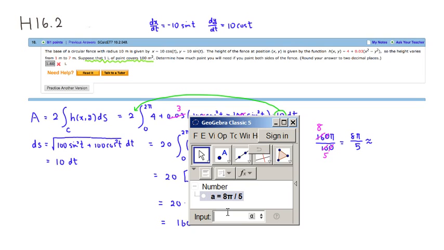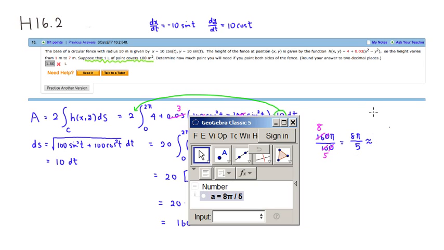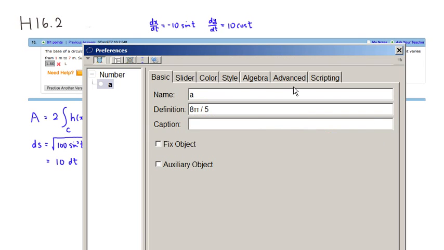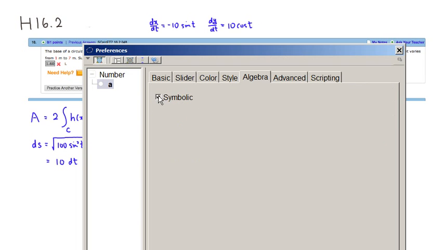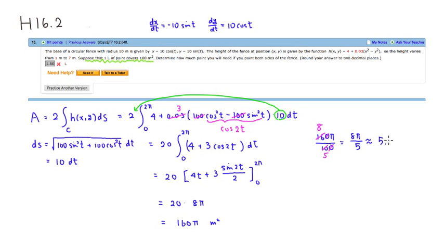Oh, actually, we need to go to object properties, and instead of symbolic, we just need the decimal numbers. So it came out to be 5.03. Yep. That's it. I hope that this was clear.